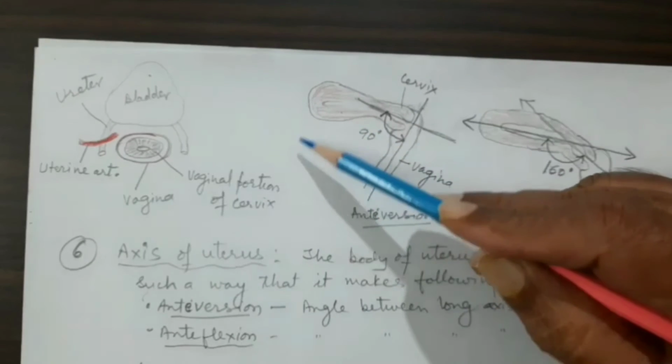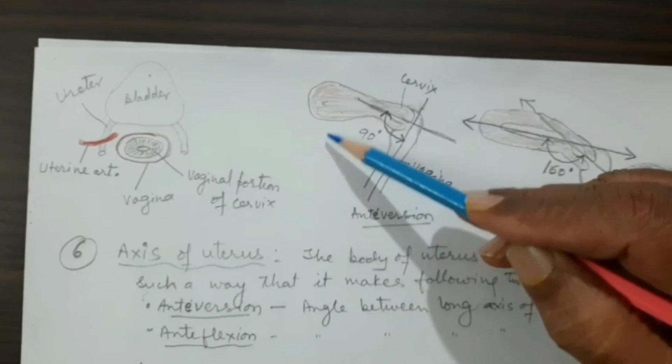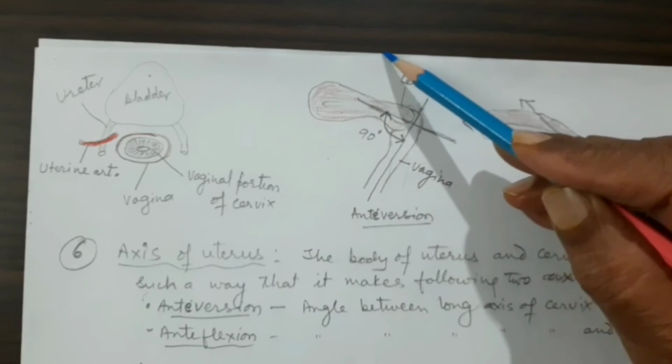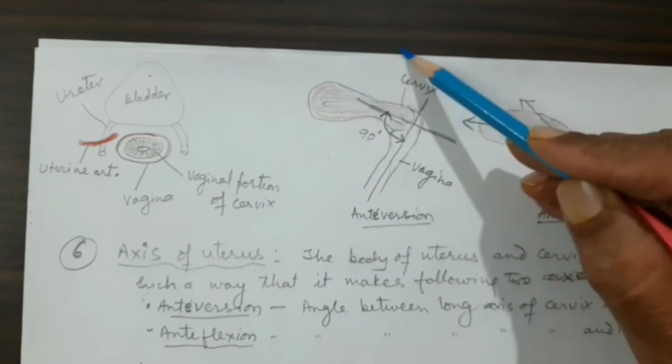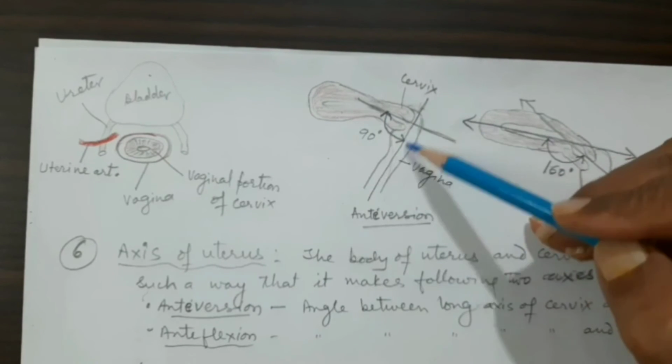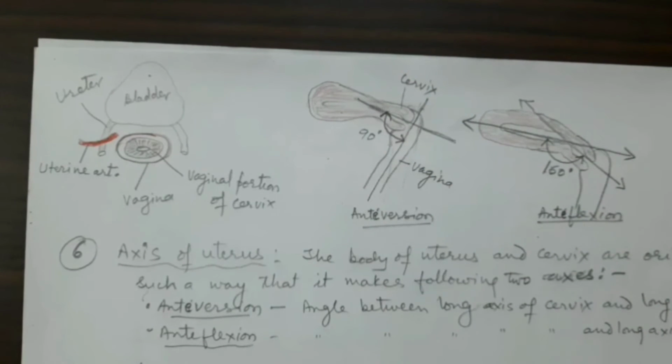As I said, when the bladder is full, a distended bladder, it will push the body of the uterus upward. So this anteversion relation is also going to change.